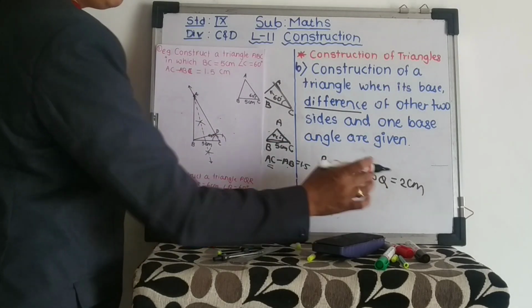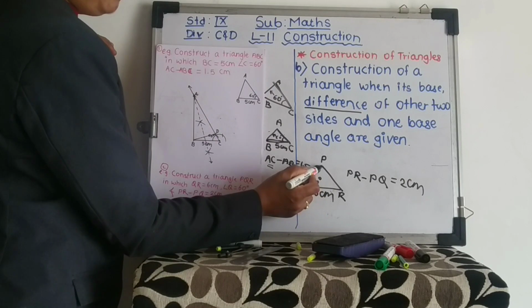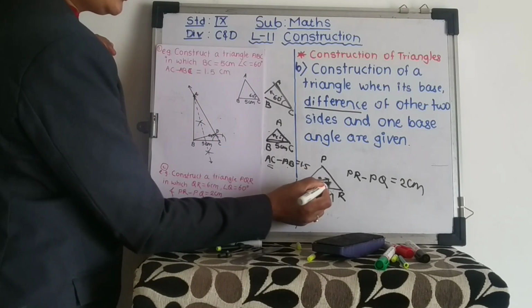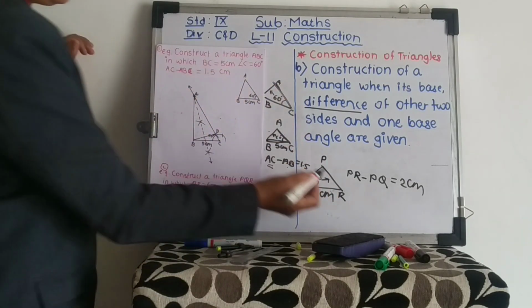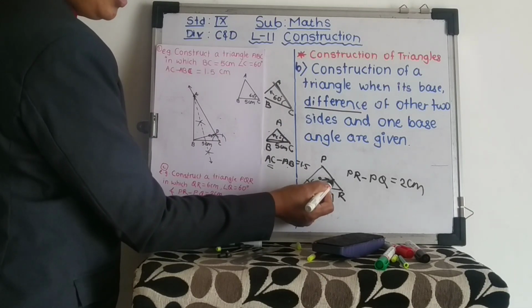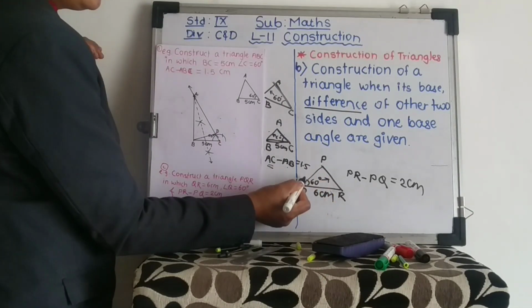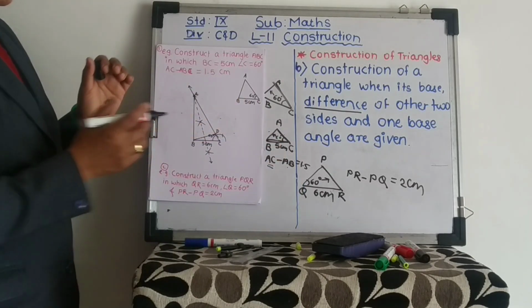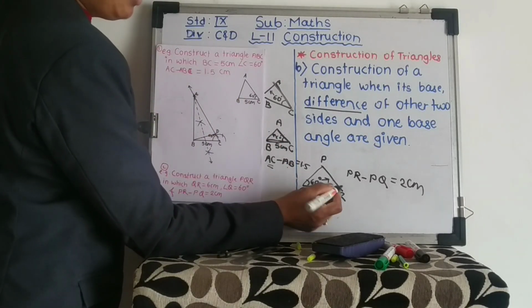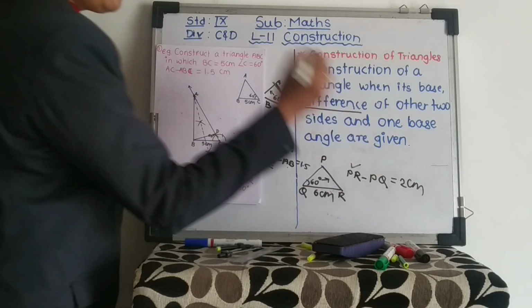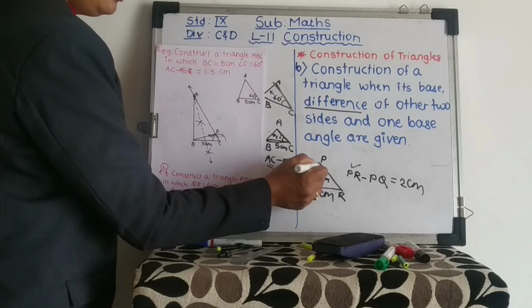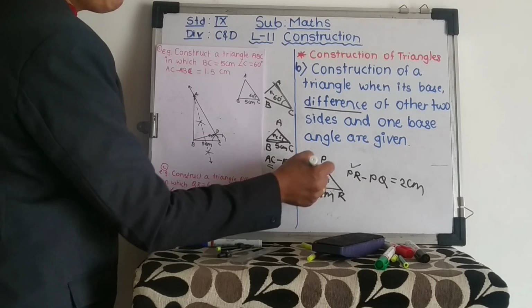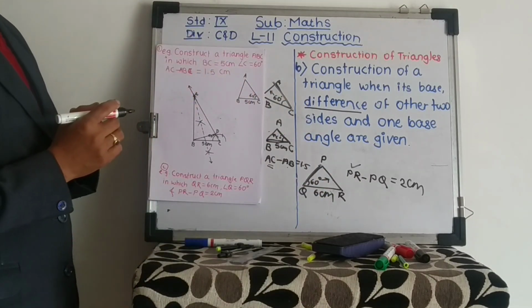Here PR, the side opposite to the angle, is greater than the adjacent side PQ. Got it?